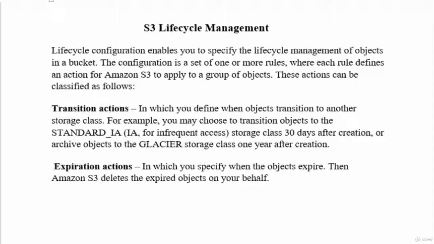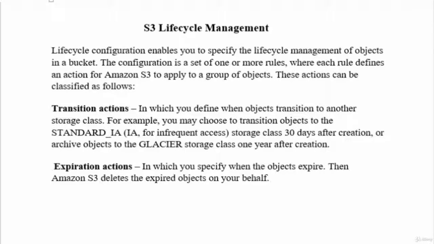You can use lifecycle management policies to configure this, and once you create any object and store it in S3, it will be stored in the standard S3 storage class. When you create lifecycle policies, you may transition that data from the standard storage class to the standard infrequent access storage class after the number of days you define.